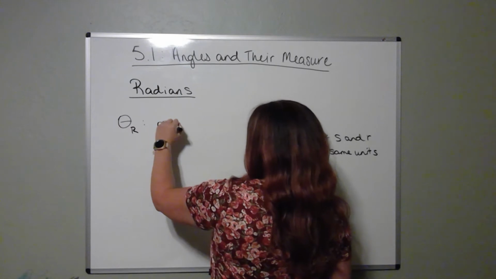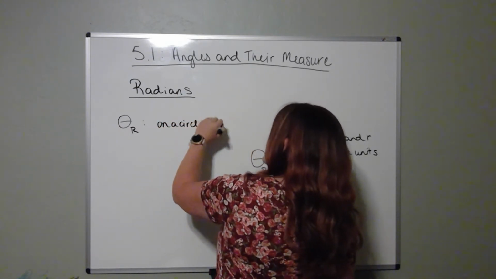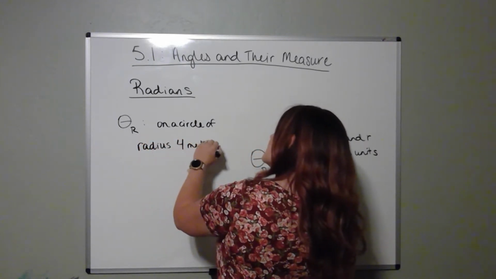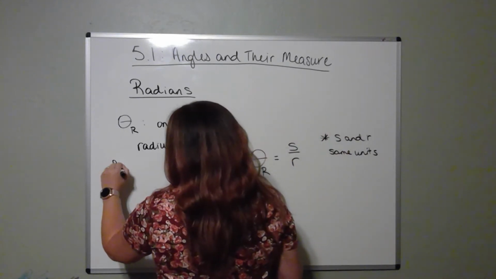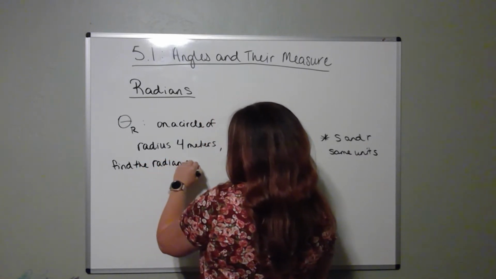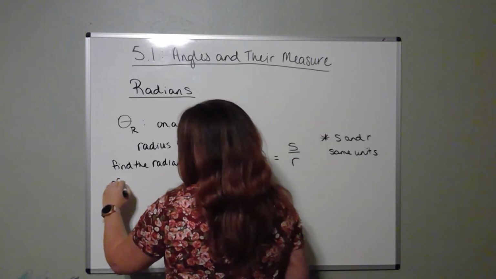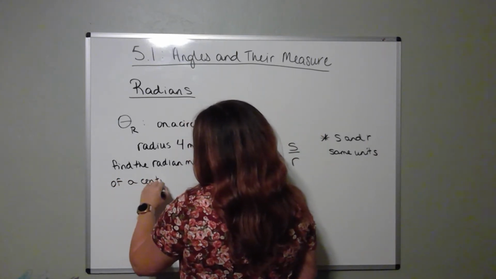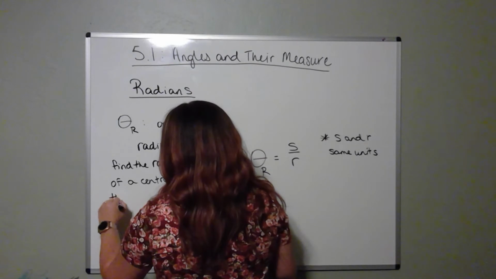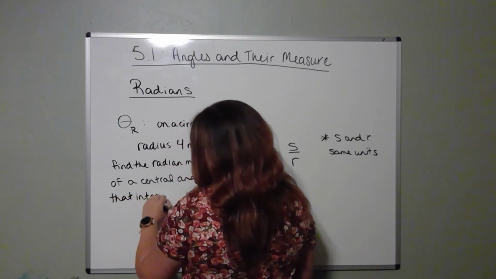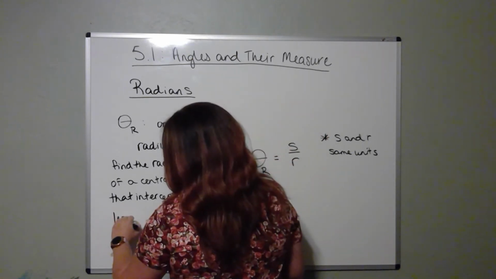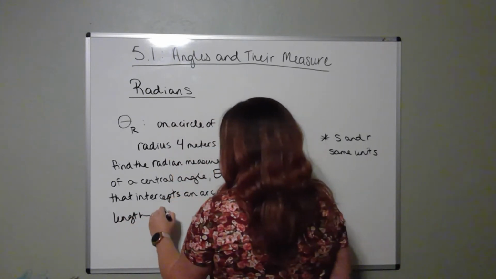So on a circle of radius 4 meters, find the radian measure of a central angle theta that intercepts an arc of length 1 meter.